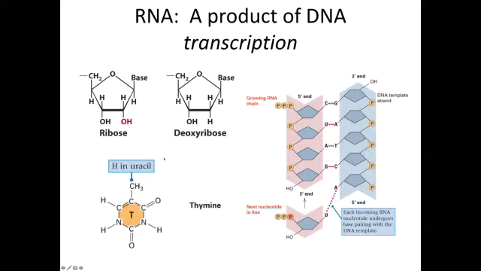So aside from those two differences, number one, the 2' hydroxyl instead of the 2' hydrogen being present in DNA versus RNA, and the uracil instead of the thymine, the growing end of the RNA is likewise occurring at the 3' end.